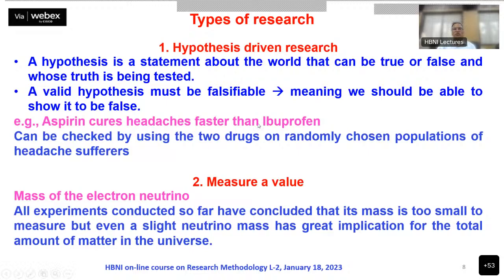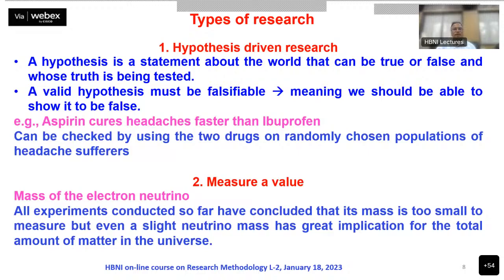So you can make a final conclusion based on that. There is one very interesting example about this smoking causes lung cancer. Later on, I hope it will be covered in subsequent lectures. For example, one of the interesting hypotheses is aspirin cures headaches faster than brufen. So aspirin and brufen are two medicines used for cure of headache, and one wants to study which one has a faster effect on curing of headache.